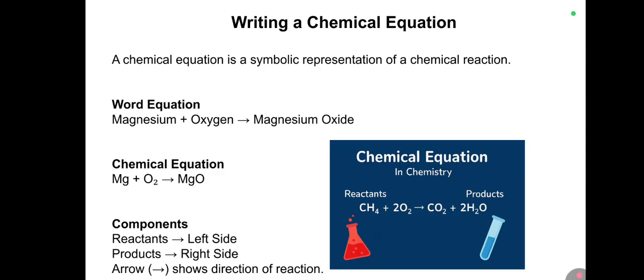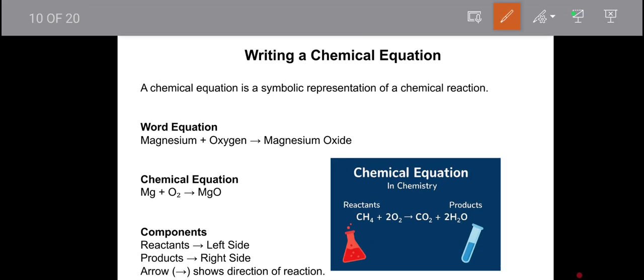So I told you like magnesium will be reacting with oxygen to form magnesium oxide. That is a statement, right? Okay, so with this statement we are going to convert it into the form of an equation. Got it? So first, either we can use the word equation, okay, but we will not be following the word equation. So word equation means what?